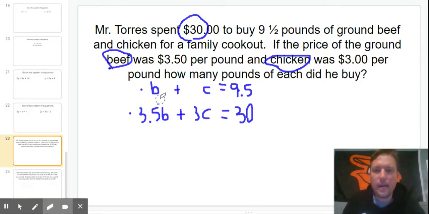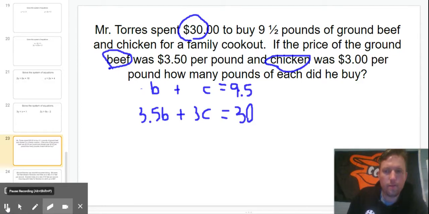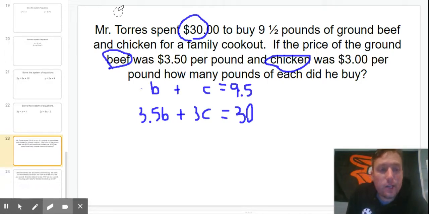Now, these two equations are a system of equations, and we can use them to solve for B and for C. Take a minute to think about how we could do that. Okay, if you said use the substitution method, you would be absolutely right.